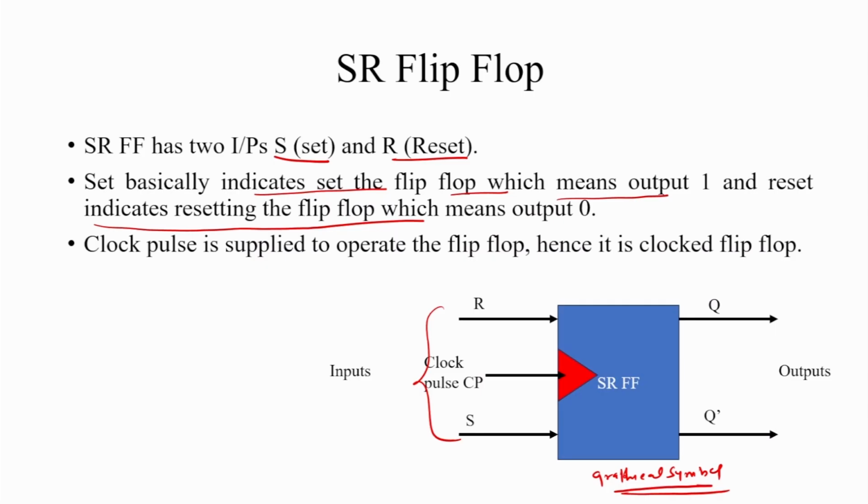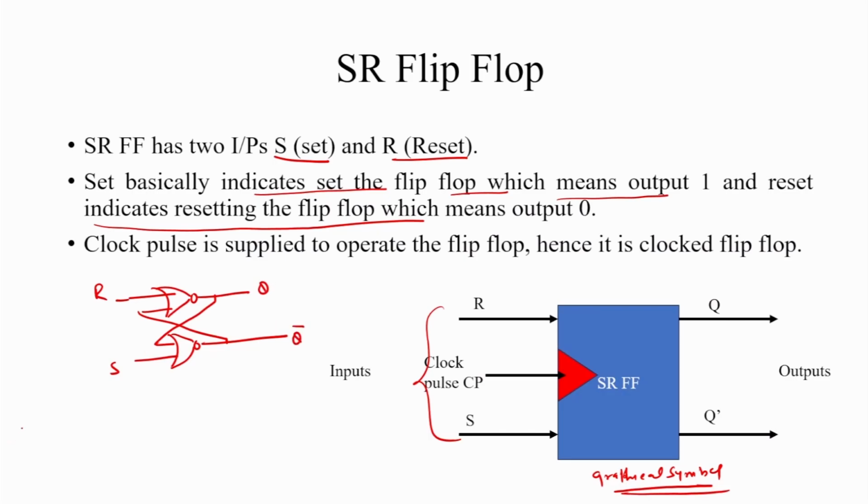So what is the set condition? The output table or truth table of the SR flip flop is the same, and the design differs only when we use 2 cross coupled NOR gates. This is R and this is S, Q, Q complement.